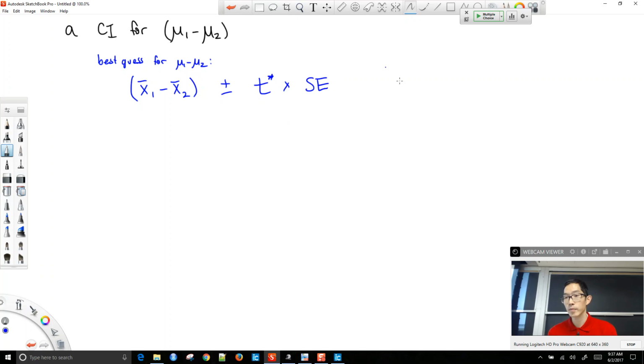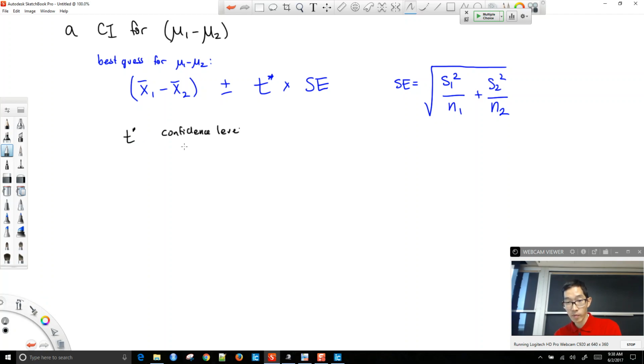The standard error has this formula, slightly complicated, but not too terrible: S1 squared divided by N1 plus S2 squared divided by N2. And that's it. For the degrees of freedom for t star, you need the confidence level and degrees of freedom.